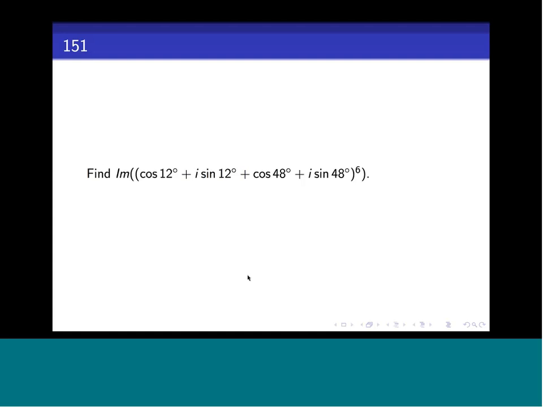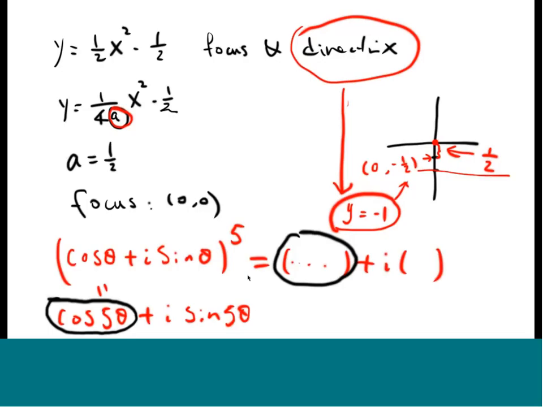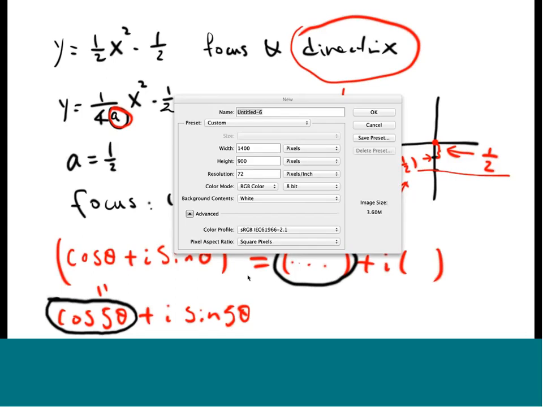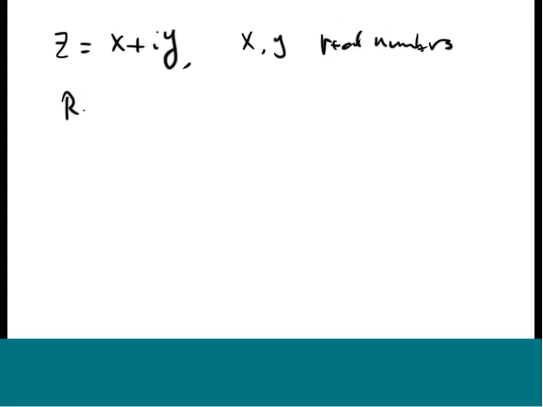Okay, so let's get back to the origin. You have z equal x plus iy, with x and y real numbers. So the real part is x.